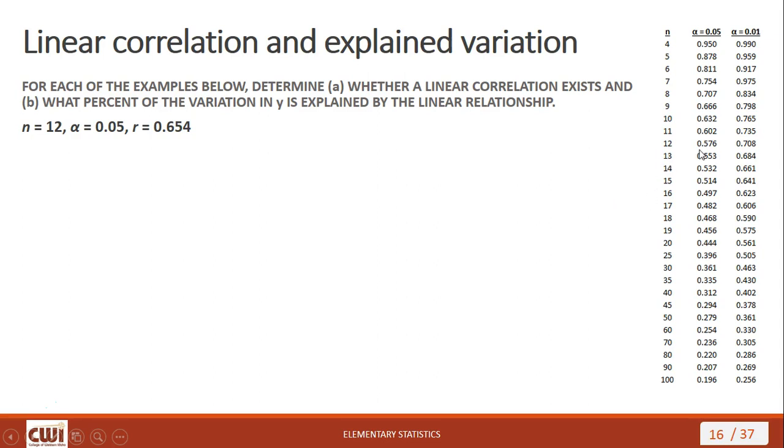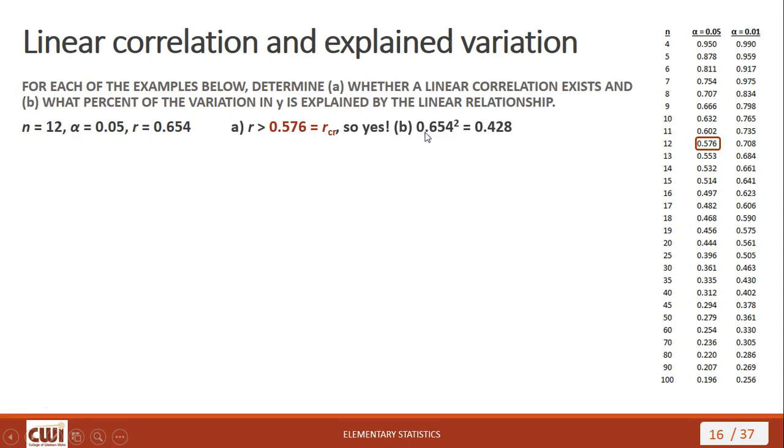That leads us to the critical value 0.576. Since our R value is greater than 0.576, we conclude there is a linear relationship. There is a relationship because we're greater than that critical value. So the answer to the first question is yes.